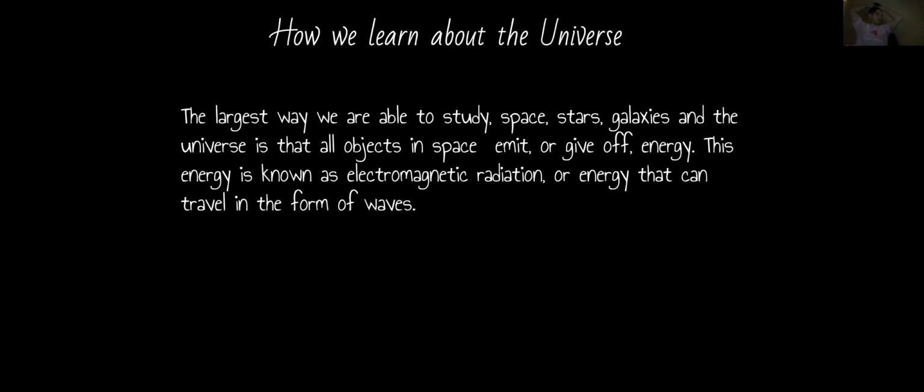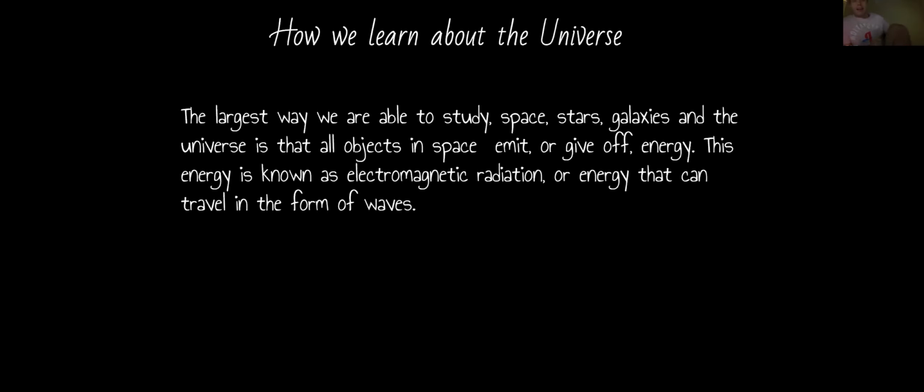That's the beautiful thing. All right, so today we're going to learn about how we learn about the universe. One of the biggest ways we are able to study the universe, all the stars, the galaxies, everything, is that most things, except for something called dark matter, give off energy, and this energy is known as electromagnetic radiation, which travels in the form of waves.